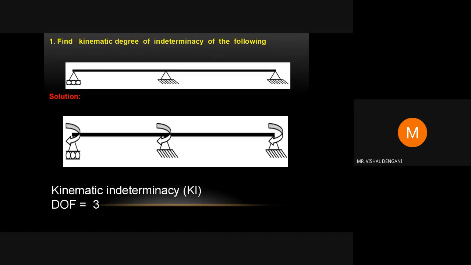So here you can see a beam, and it is asked to find out the degree of freedom of this structure. Again, for the degree of freedom, we are calculating the total possible displacements at the joints or at the support. So here you can see this beam.